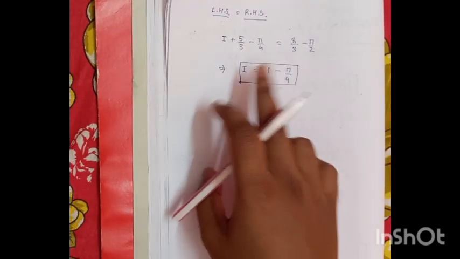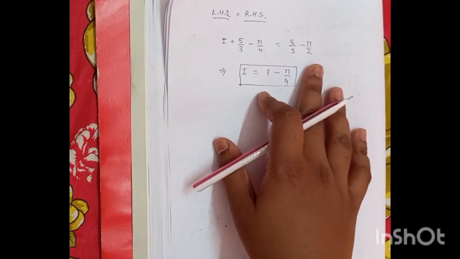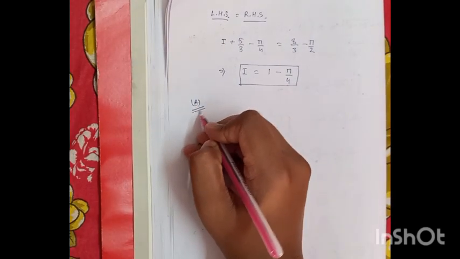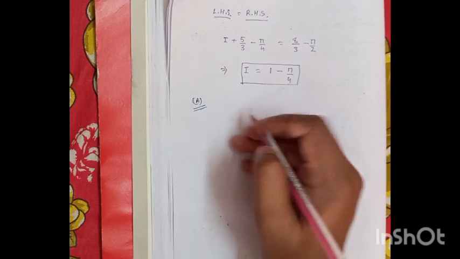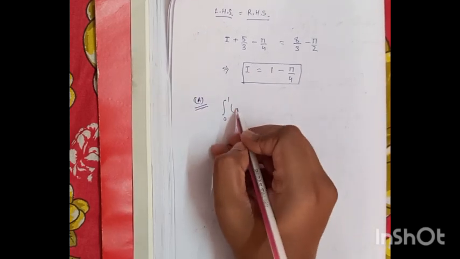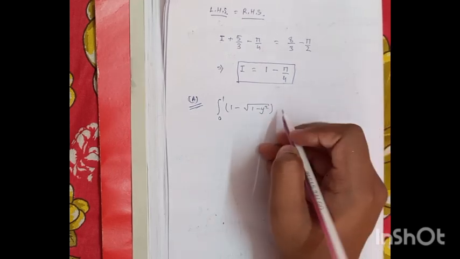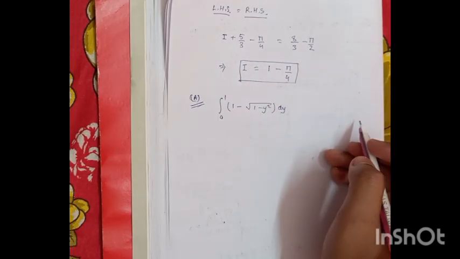So we have to check the values of the integrals given in the options. If we check one by one, option A says integration 0 to 1 of 1 minus root over 1 minus y square times dy.